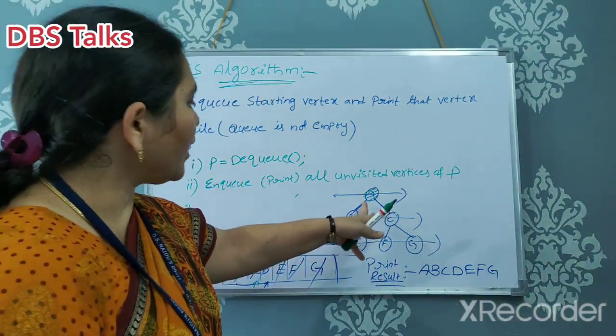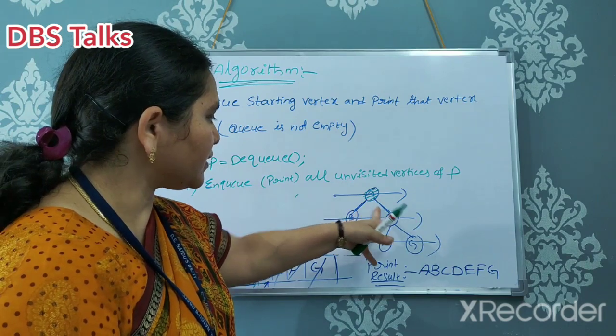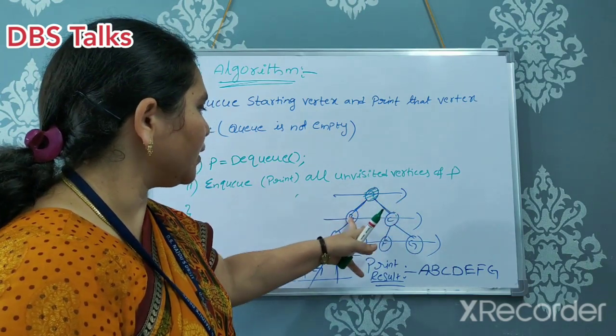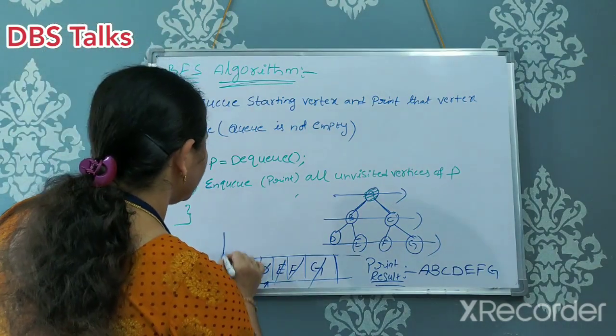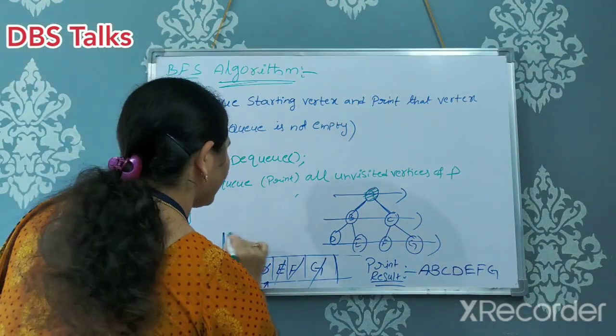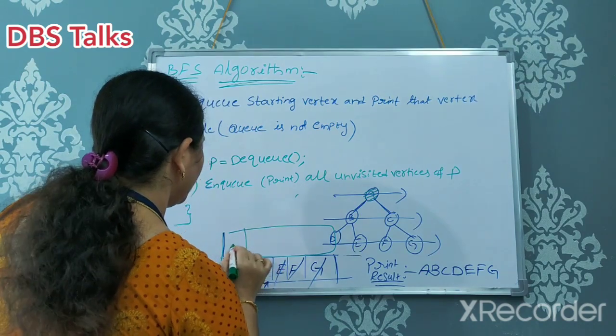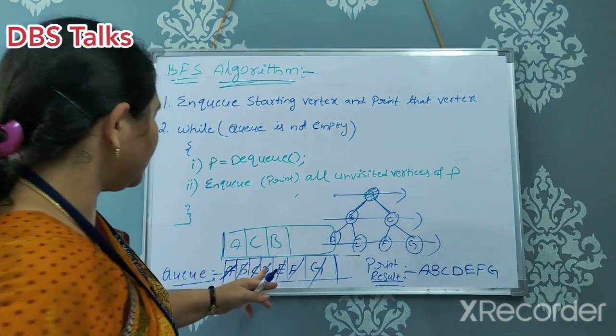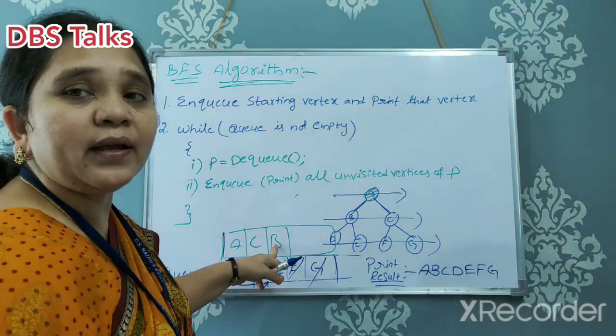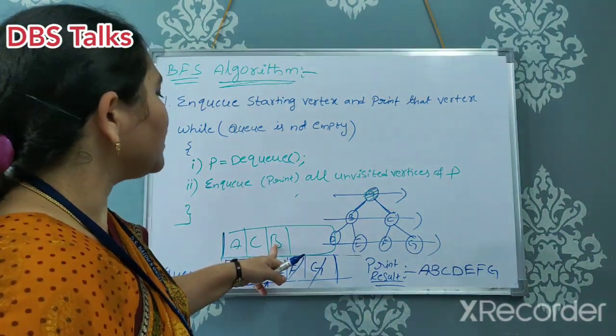But here I considered the adjacent vertices of A as B, C. In this example I can consider C, B also.